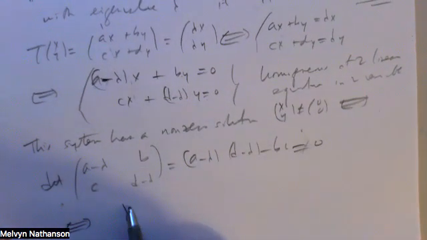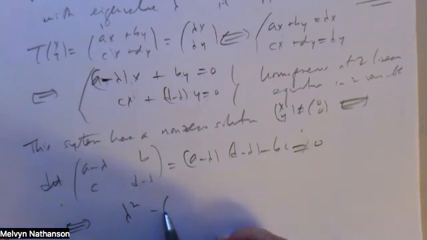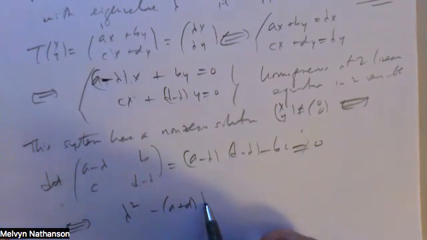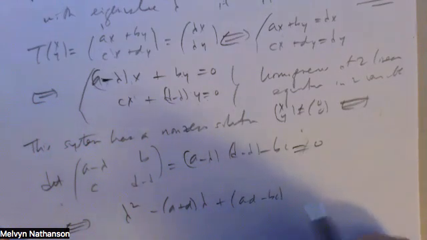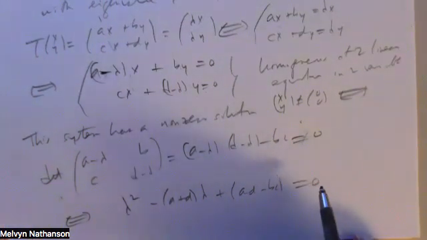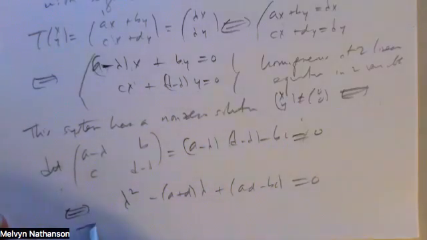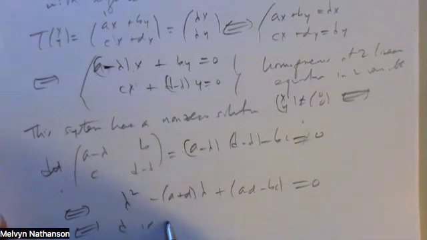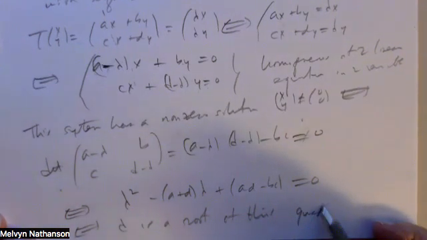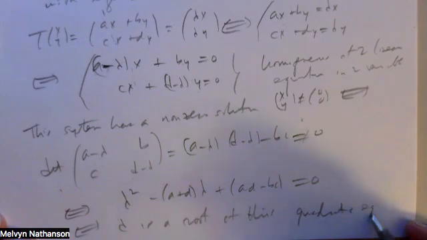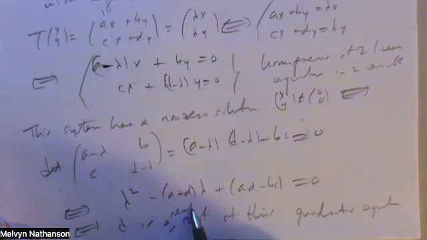Which, if I just multiply this out, is if and only if lambda squared minus (a plus d) lambda plus ad minus bc is equal to 0. So if and only if lambda is a root or solution of this quadratic equation, and it has to be a real root.